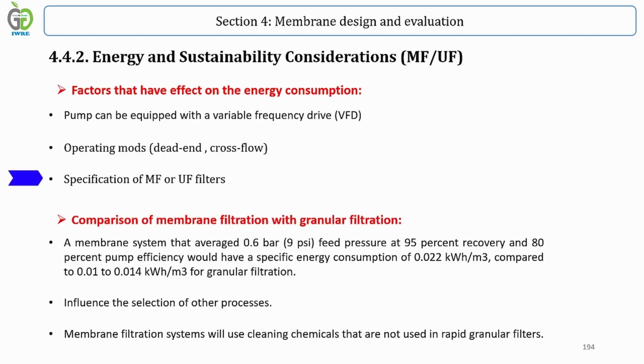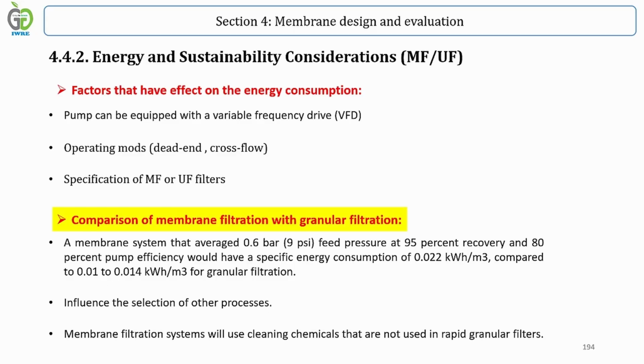One design decision that probably does not have much effect on sustainability is the specification of microfiltration or ultrafiltration filters. In full-scale operation, microfiltration and ultrafiltration systems tend to be designed for similar fluxes and operate at similar pressures, suggesting that the environmental impacts are also probably similar.